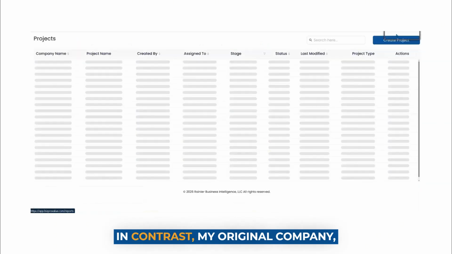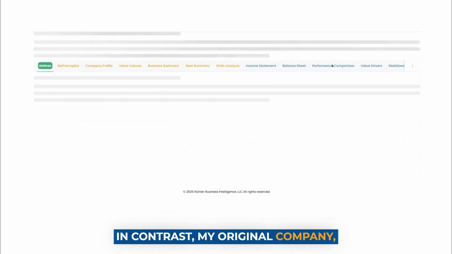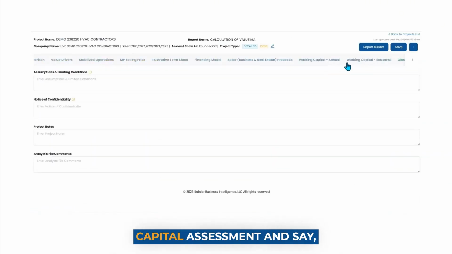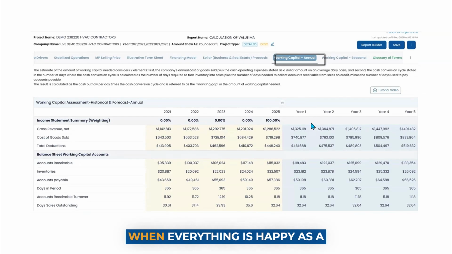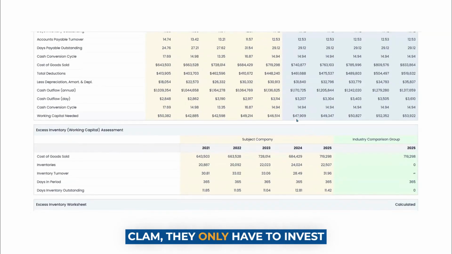In contrast, my original company, I could look at my working capital assessment and say, when everything is happy as a clam, they only have to invest $47,000 in working capital.